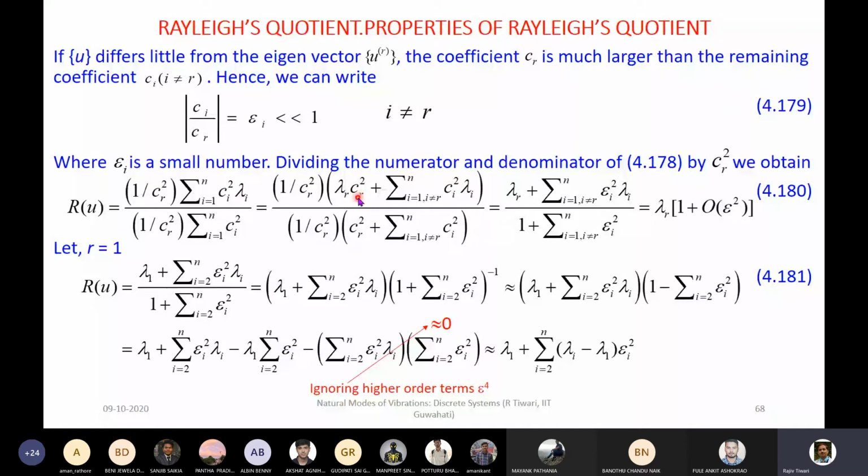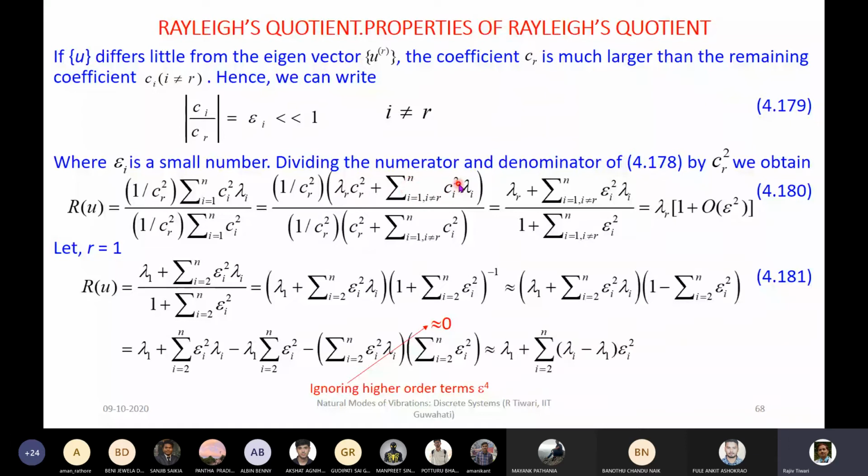Here also I have taken the rth term outside, and the remaining n minus 1 terms are here. Now if I apply this C_r inside, this will become lambda_r, and because C_r is not in the summation, it can go into the summation.